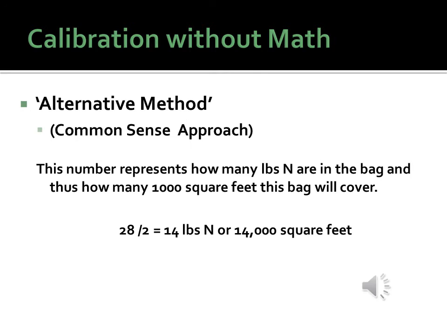So 28 divided by 2 is equal to 14 pounds of nitrogen, or 14,000 square feet. We've got 14 pounds of nitrogen, and we're putting out 1 per 1,000. So we know that that 50-pound bag of 28-5-12 will do a 14,000 square foot lawn.